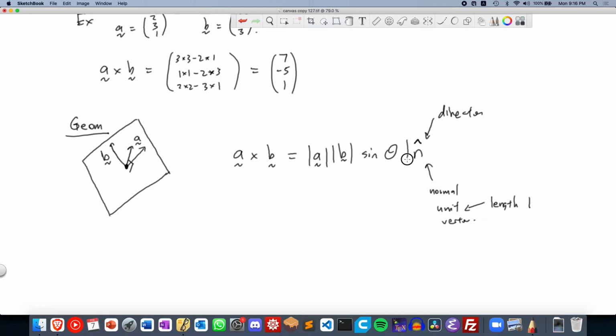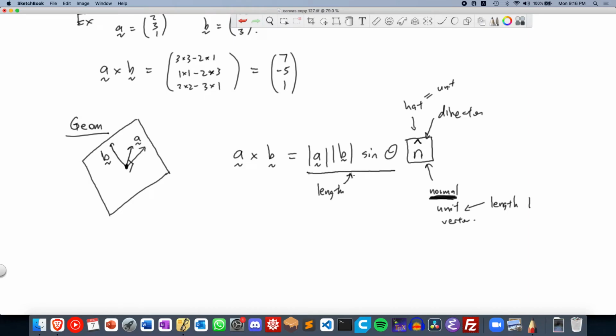So this n hat is called n hat. The hat tells you that it's a unit vector, and the n indicates a normal vector. So this tells you the direction, and then the term here will tell you the length.